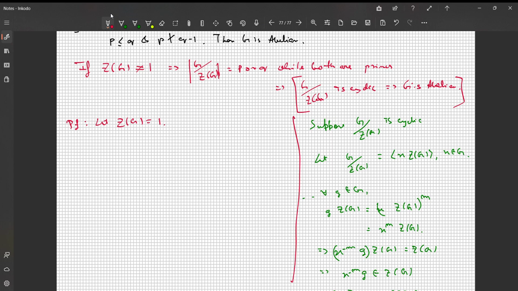Then, if every non-identity element of G has order P, then the centralizer of every non-identity element has index Q, right?